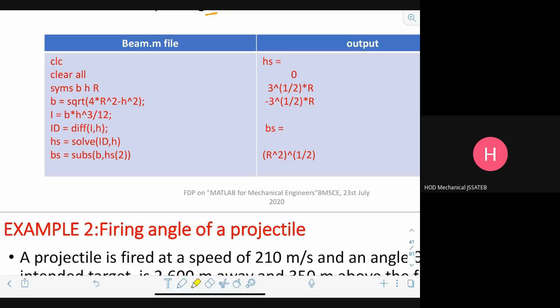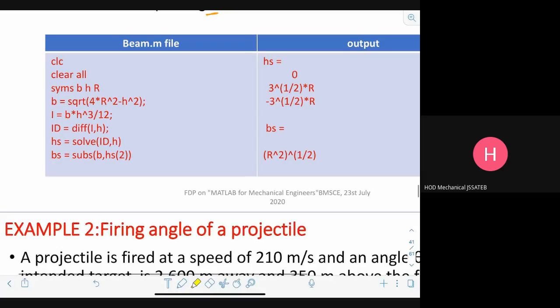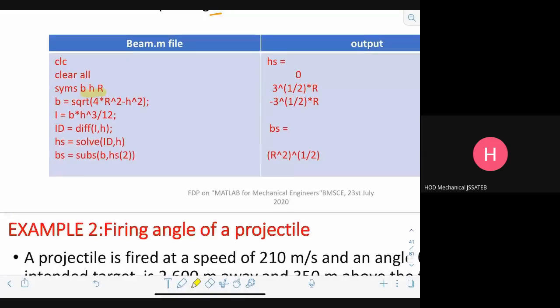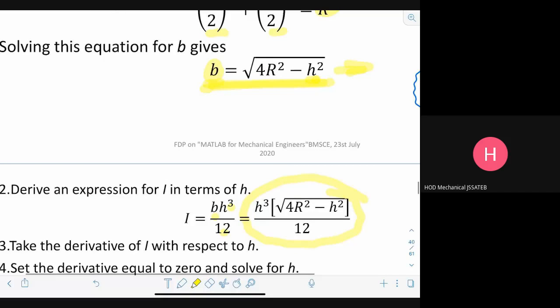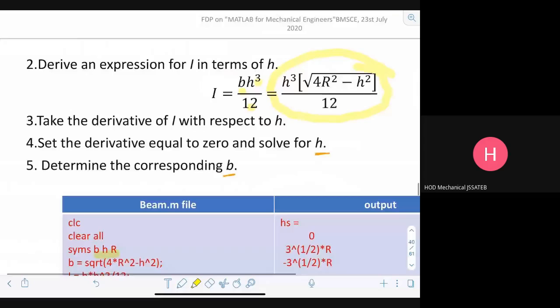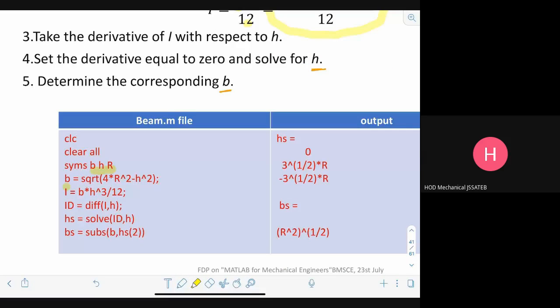Now in this problem, we have to define b, h, and R as symbolic variables. So syms b space h space R, no comma in between. Now, I have written an expression for b in terms of this. b is equal to square root of 4R square minus h square.